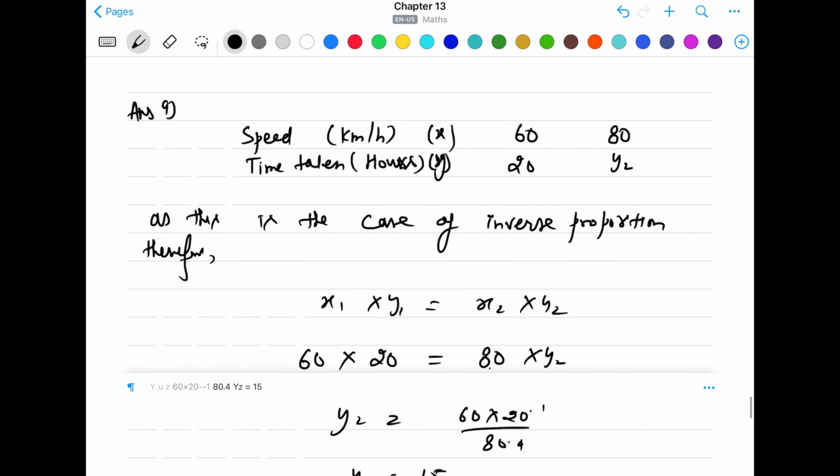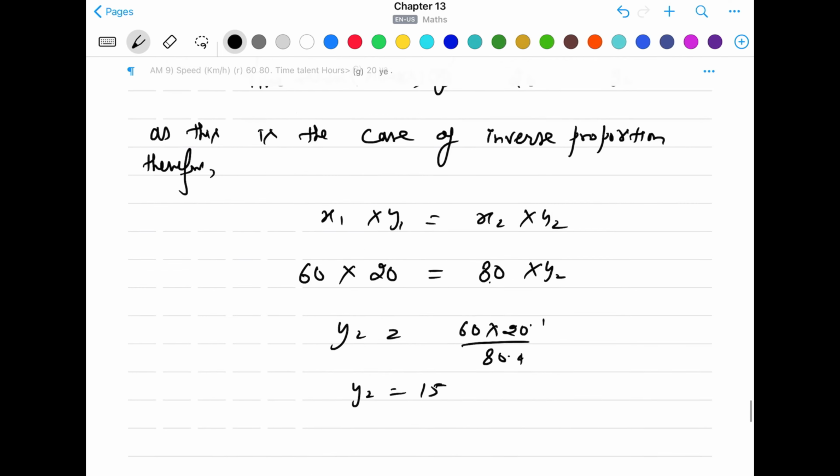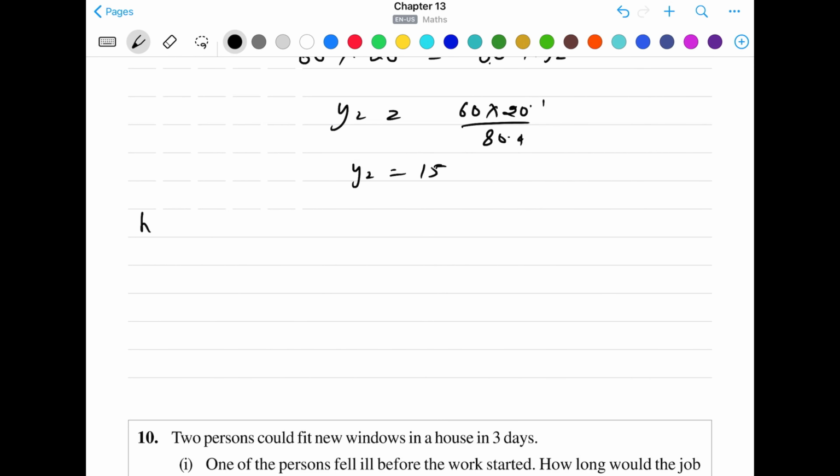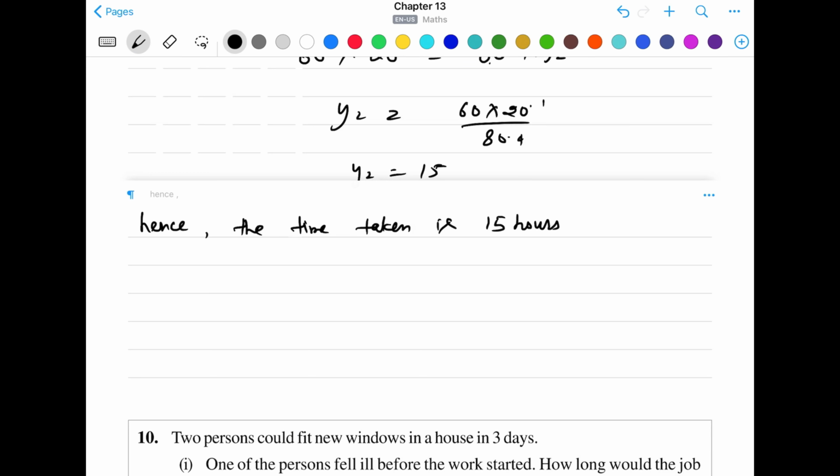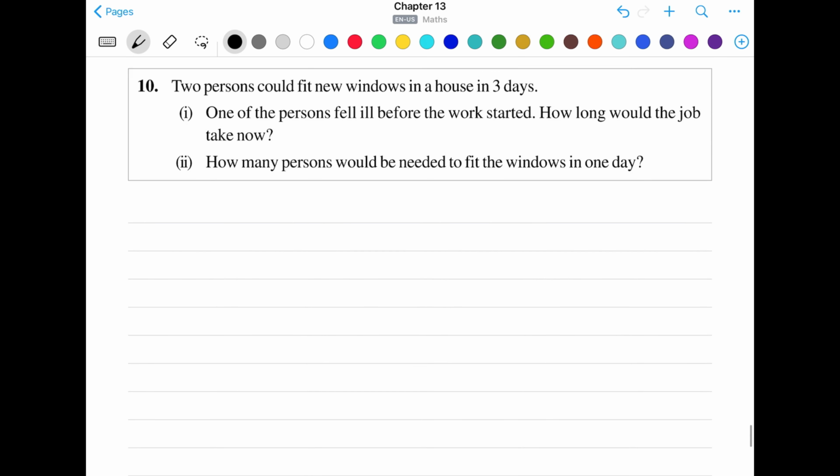So y2 is equal to 15. Earlier it was taking 20 hours. If we increase the speed from 60 to 80, it will take 15 hours. So we'll write, hence the time taken is 15 hours when the speed is 80 kilometers per hour. That's the answer of question number 9.